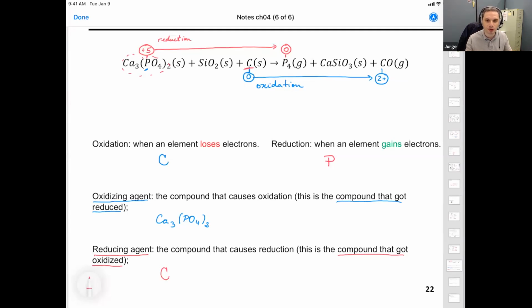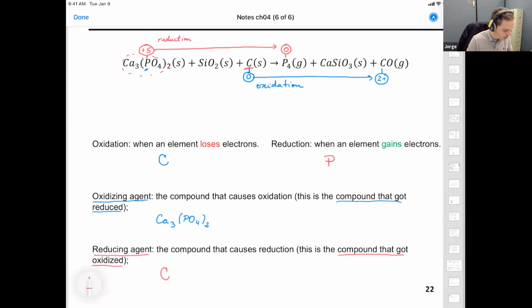And we have to keep the balance. And at the end, we balance a chemical reaction to keep the atom balance and also the electron balance.